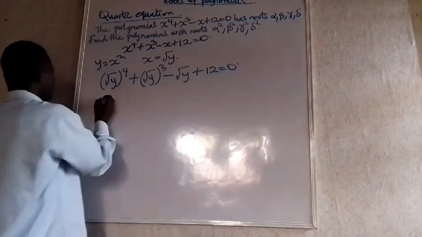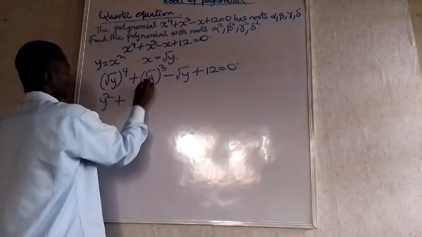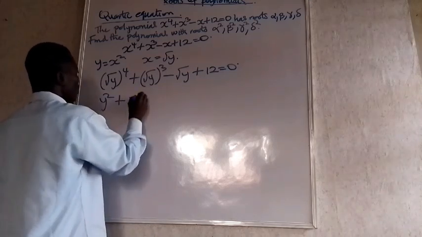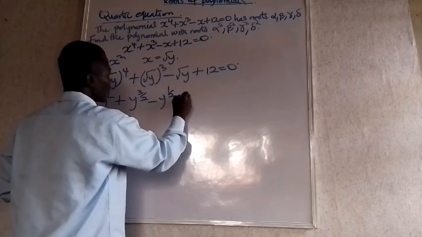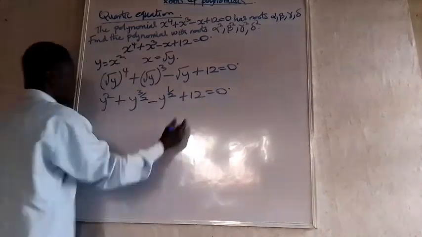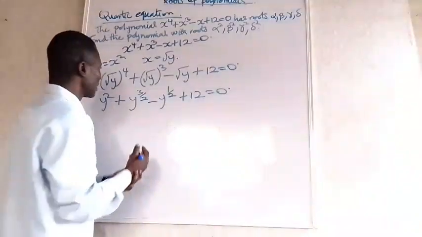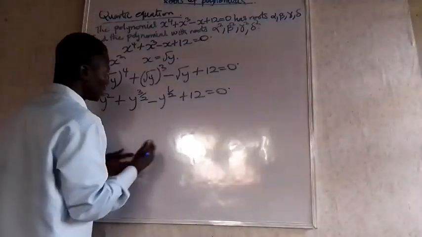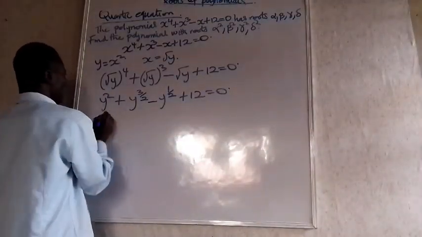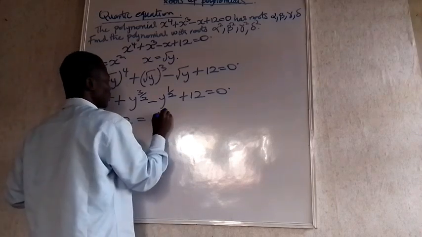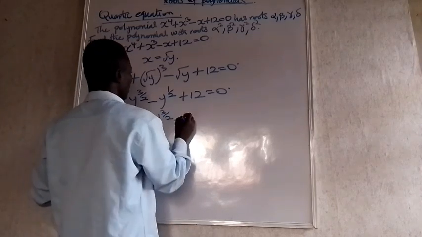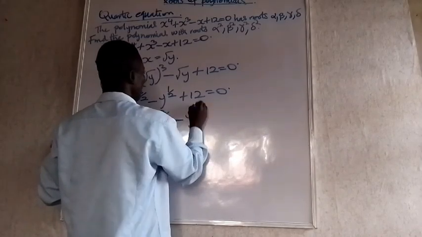So we can now say y squared plus y raised to the power 3 over 2 minus y raised to the power half plus 12 equals 0. Now let me rearrange it so that when we square it, we are going to have our equation in the normal perspective. So y squared plus 12 is equal to y raised to the power 3 over 2 minus y raised to the power half.